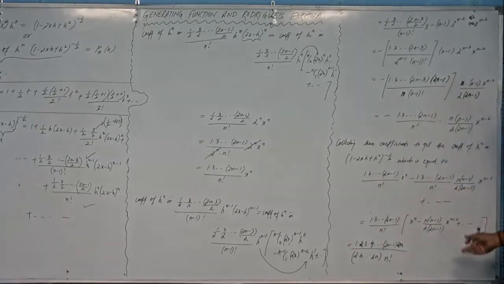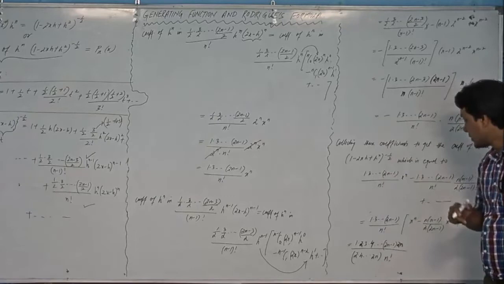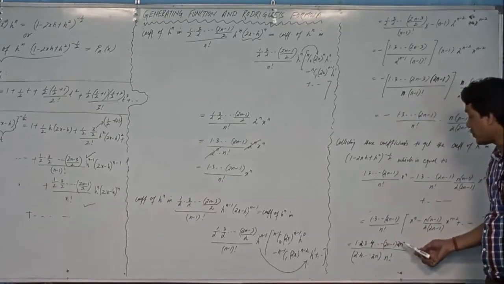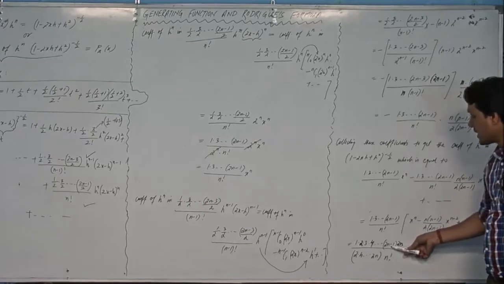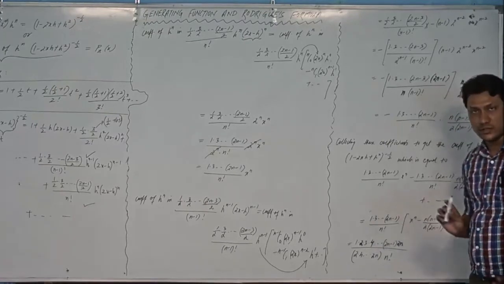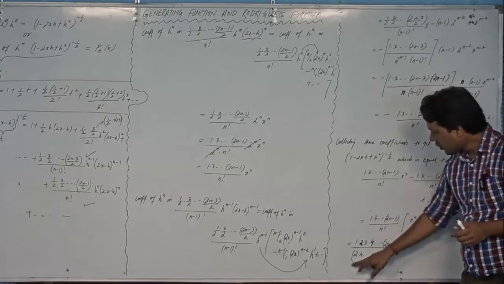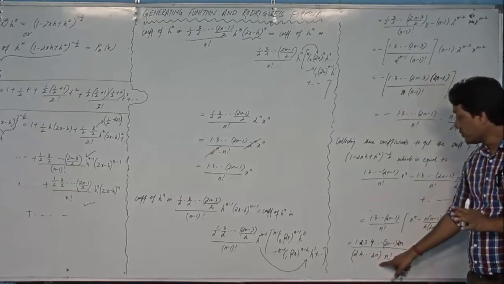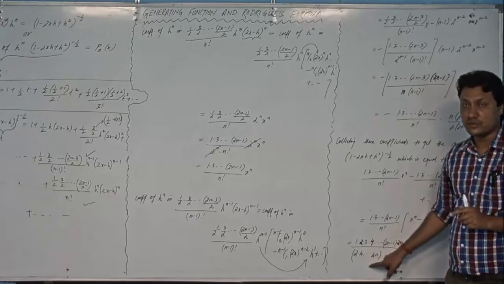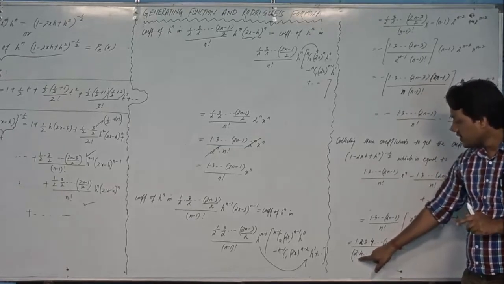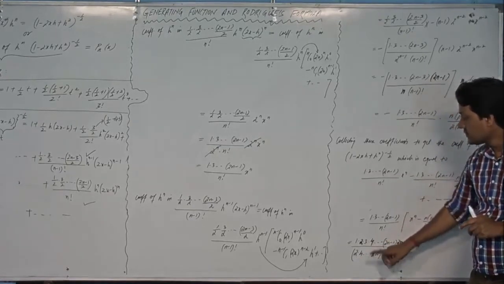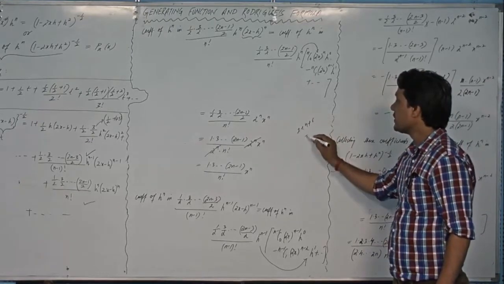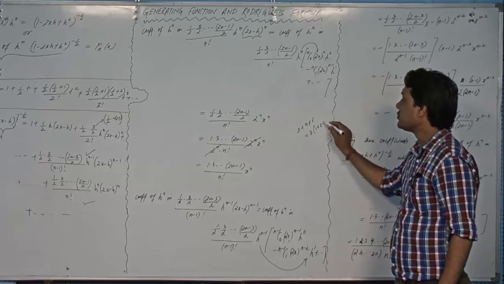Now what I will do, I will not write that, I will write it here only. This will become n factorial. If you watch it closely, 2n, 2n minus 1, up to 1, that will become 2n factorial, right? And in the denominator you can take 2 to the power n common, because they are product terms, they are not addition terms. If you have terms like 2 plus 4 plus 6, then you take 2 common and you will be left with 1 plus 2 plus 3.